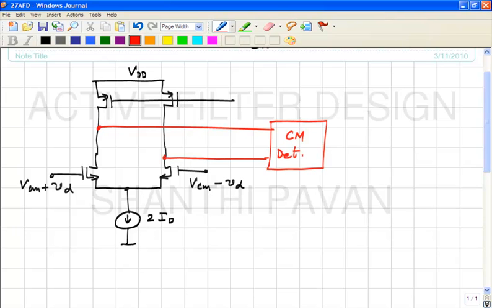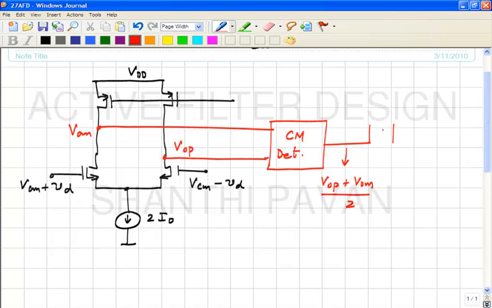And the output of the common mode detector will be VOP plus VOM by 2.